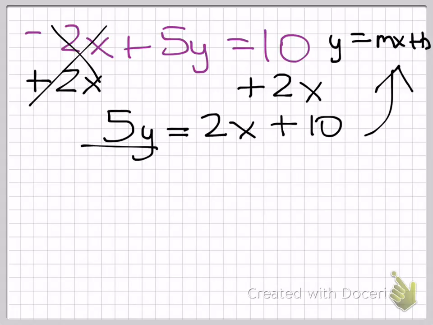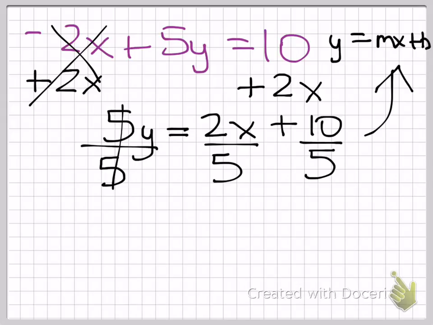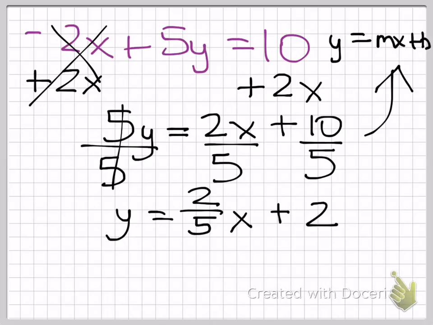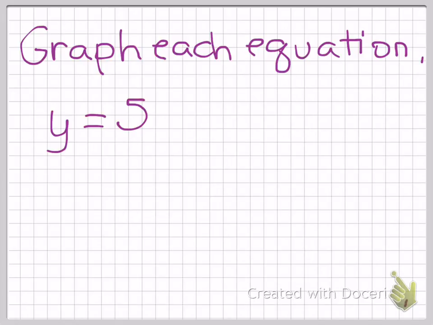So now my last step is just to get rid of the 5 so that the y is by itself. So I would need to divide everything by 5. So my equation would be y equals 2/5 x plus 2 when it's simplified. So that means I'm starting at 2 on the y-axis.